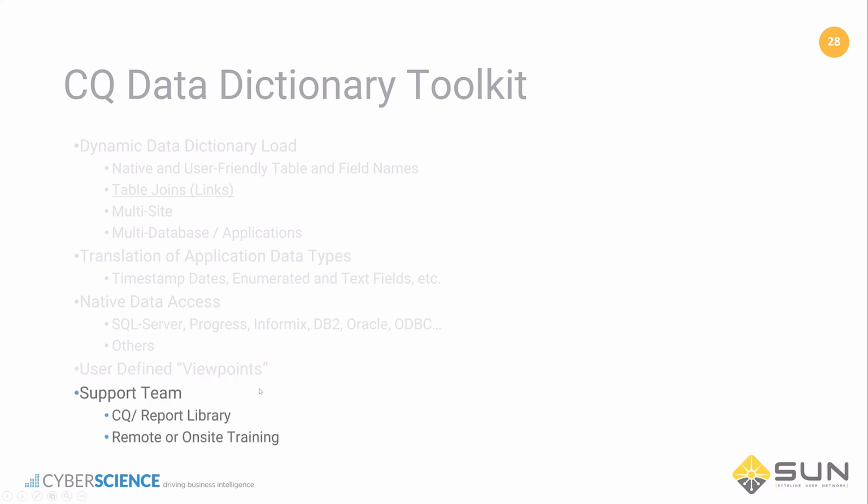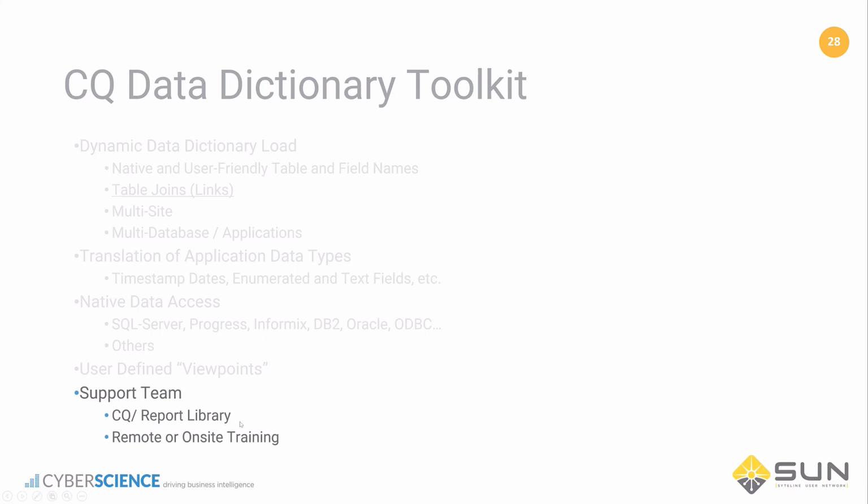Okay, the other great thing about the solution is our support team. We've got great people. We're still a relatively small company, less than 100 people, but our people know the software inside and out. Our support group averages over 8 years of experience with the software. More importantly, they also know SyteLine and CSI because they help build that report library.